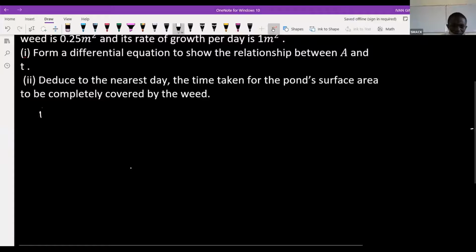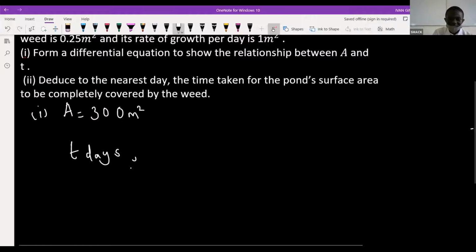So, from our information, we are told that the total area of the pond is 300 meters squared, and after T days the weed covers an area of A meters squared.